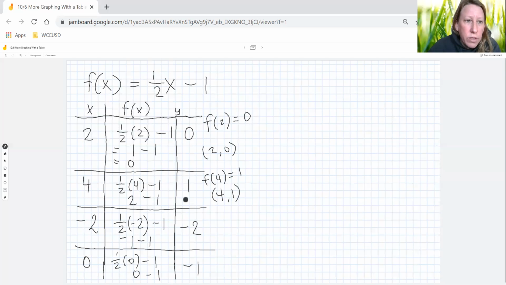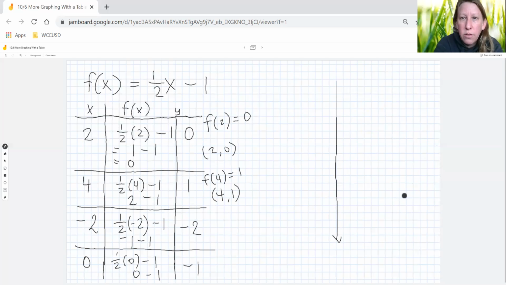Okay, let's take a look at what these look like. Before you graph, it's a good idea to plan ahead. So where am I going to put my x-axis? Where am I going to put my y-axis? Sometimes we just put it right in the middle, and sometimes we decide to put the x- or y-axis higher or more to the left.